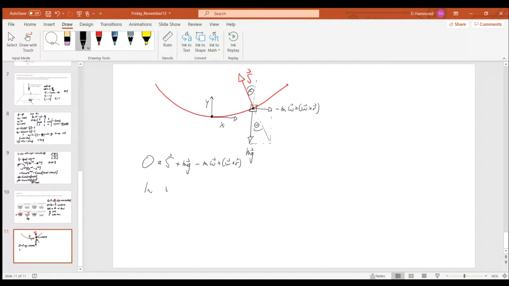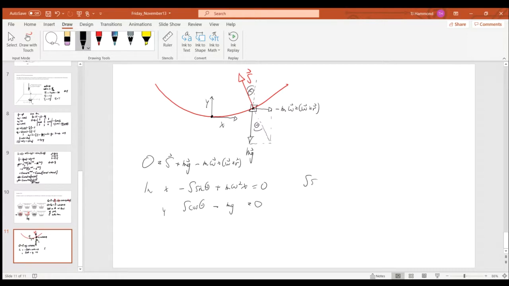So in x, we have negative S sine theta plus m omega squared x, and that's going to be equal to 0. And in y, we have S cos theta minus mg, and that's going to be equal to 0.